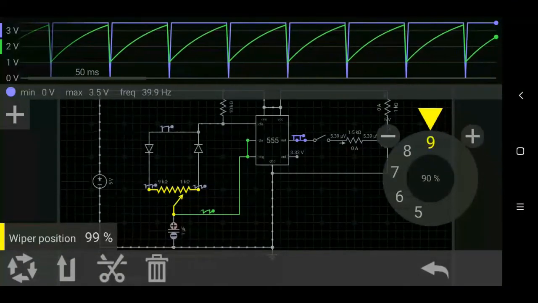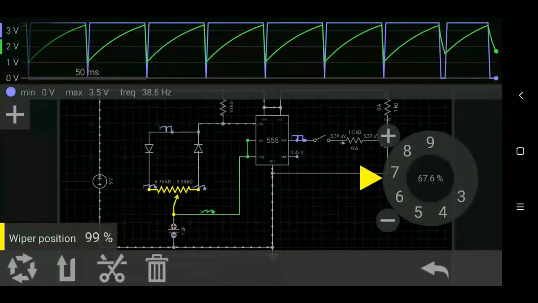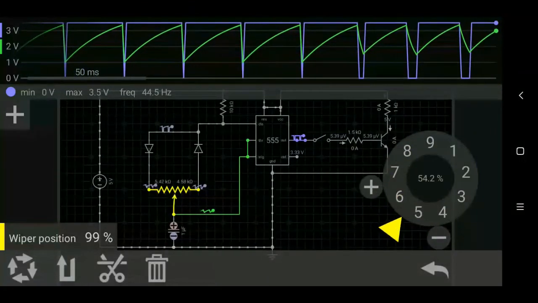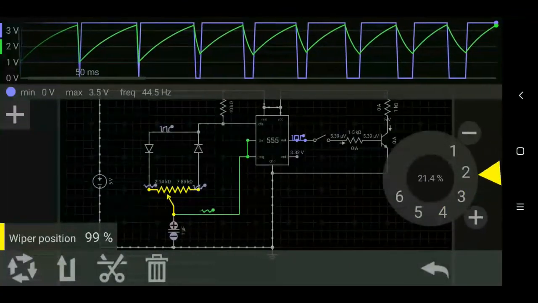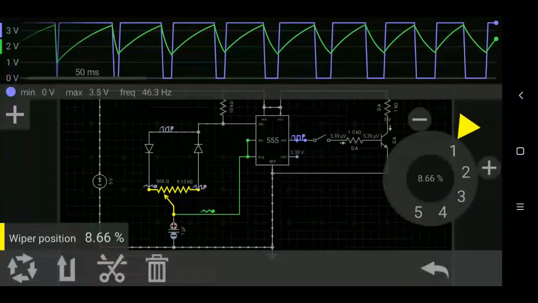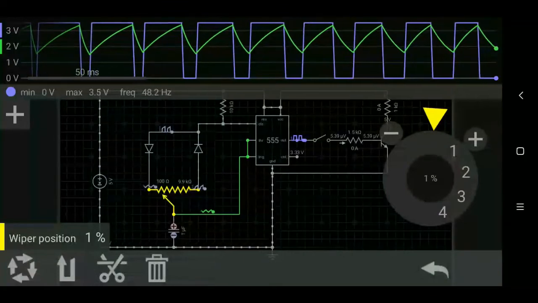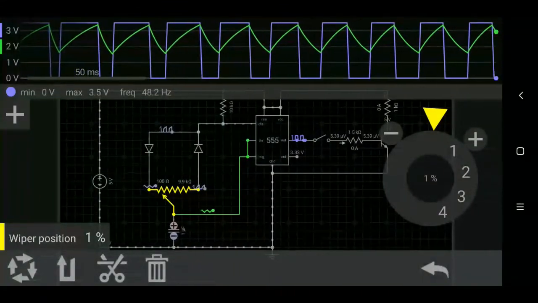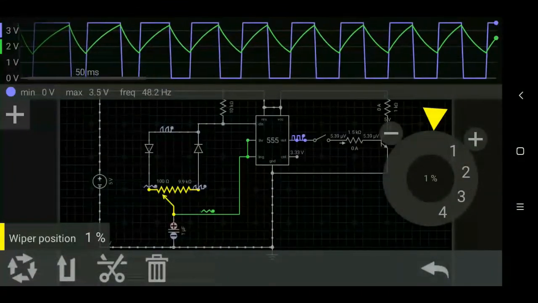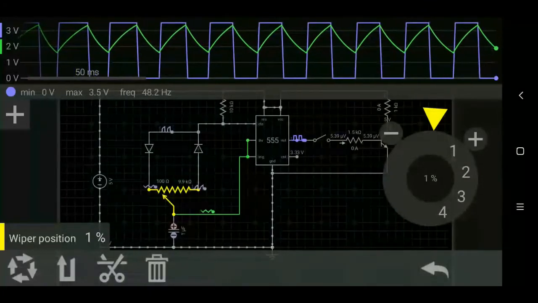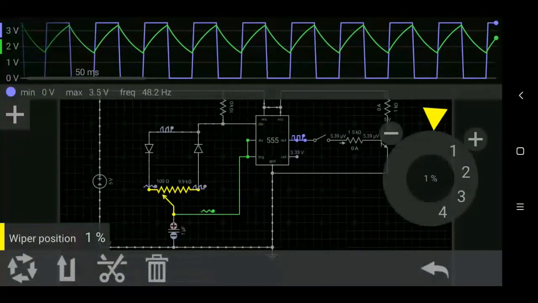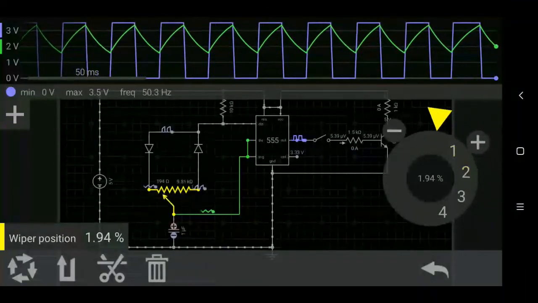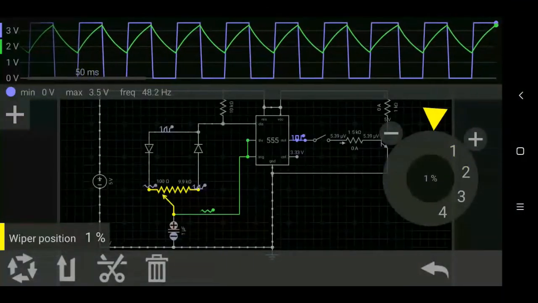And now we will start to increase the discharge time, to the maximum. So this is the maximum discharge time, and you can see that we get a duty cycle of 50%. The duty cycle is restricted to 50%.